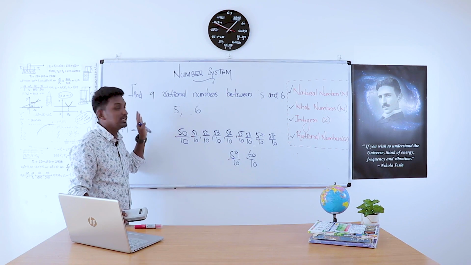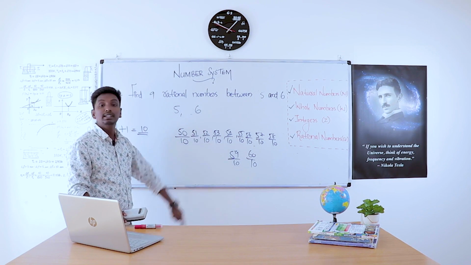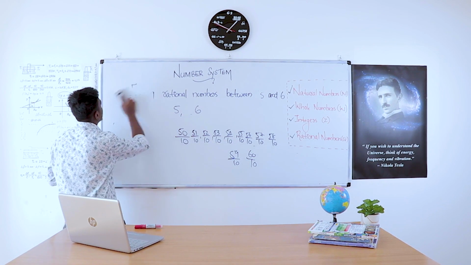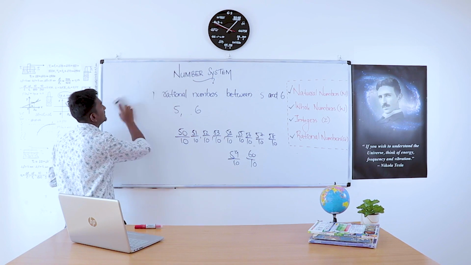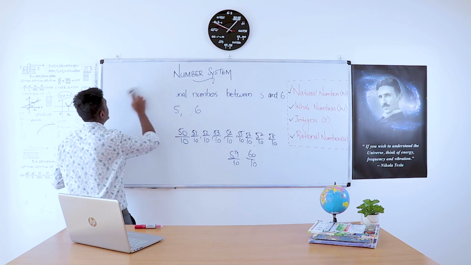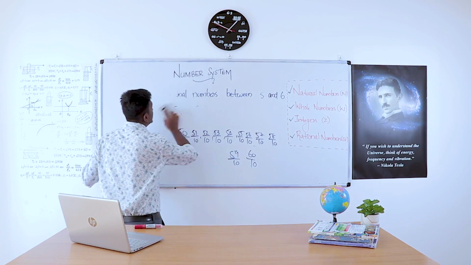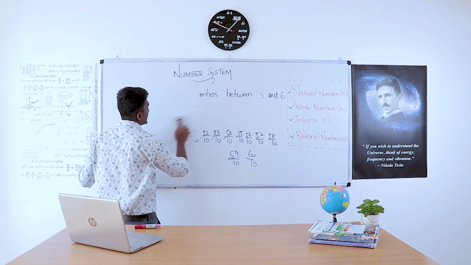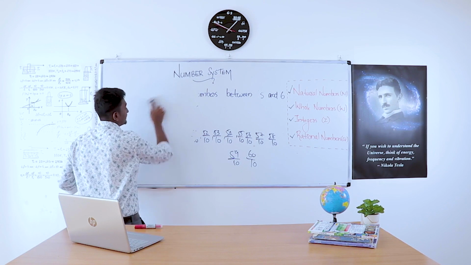Here in this problem, only the second method is needed. We get all the 9 rational numbers. That is how we found rational numbers in between two numbers. The general form is to find n rational numbers between x and y.